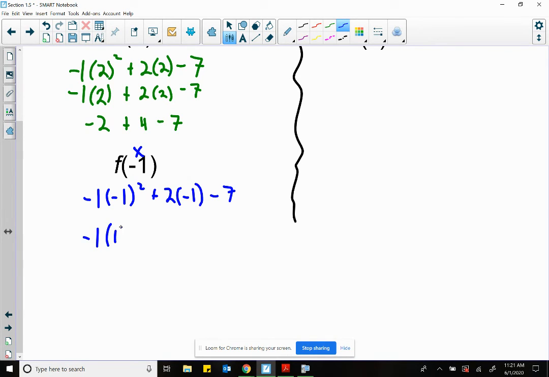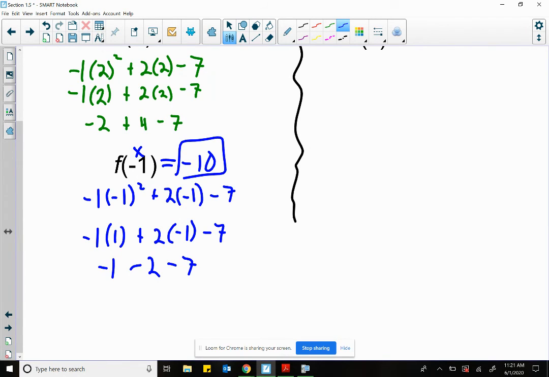So that's -1 times 1 plus 2 times -1 minus 7. -1 times 1 is -1 plus 2 times -1 is -2. And then minus 7. So -1 minus 2 is -3. -3 minus 7 is -10.